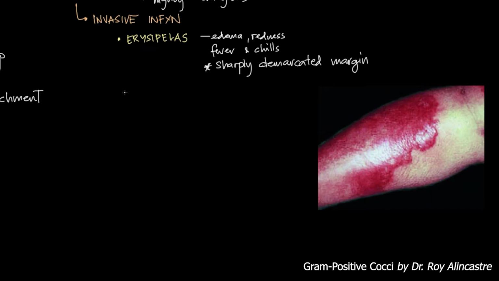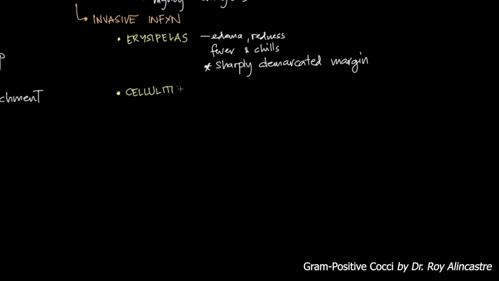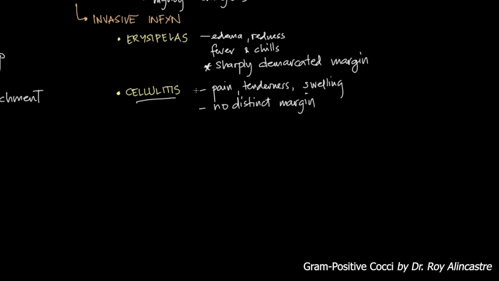A similar invasion can also happen with the skin and subcutaneous tissues, no, with pain, tenderness, swelling, and redness, but without a distinct or marked margin on the skin, and the lesion is not raised. So this is cellulitis. Okay, so take note of the difference between erysipelas and cellulitis caused by strep. Okay.